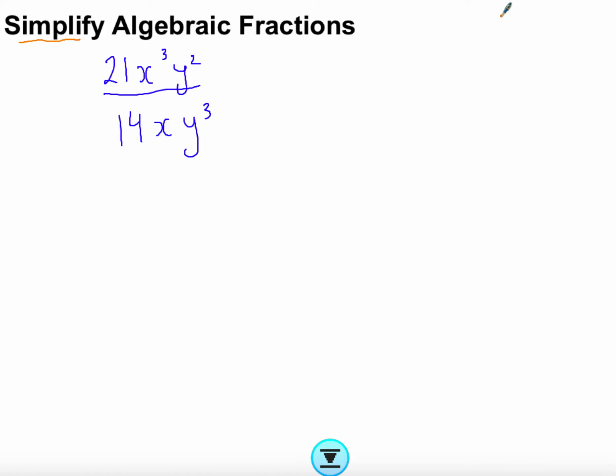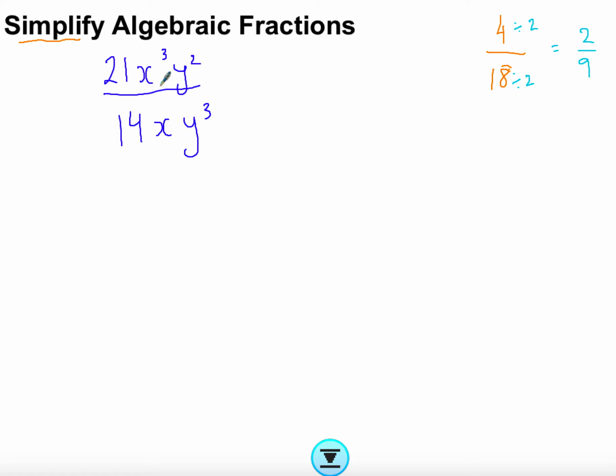For example, let's say 4 over 18. Then I can simplify this by dividing the top by 2 and dividing the bottom by 2, and that will give me 2 over 9, and that's the simplest it could go. So this is the idea, that you are dividing, or you're taking common factors out.